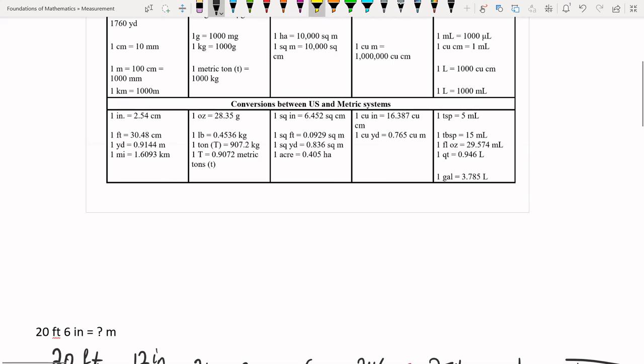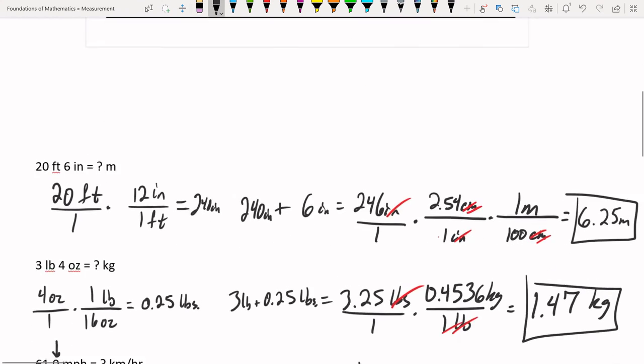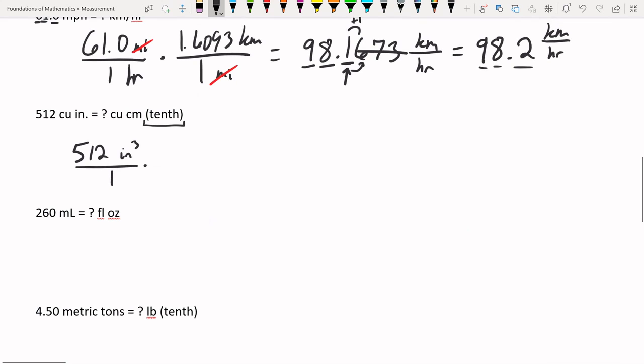Cubic inches to cubic centimeters: 1 inch cubed equals 16.387 centimeters cubed.